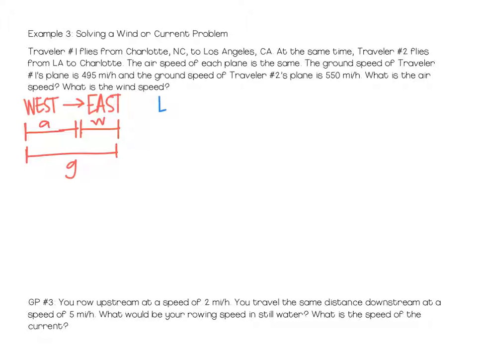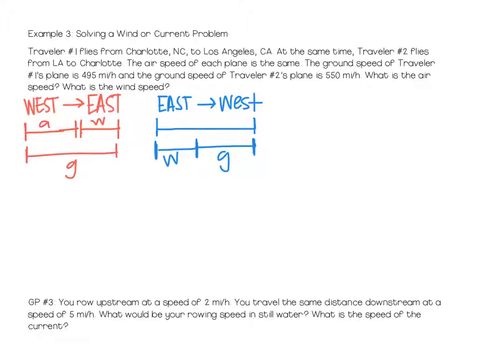But if you're flying east to west, so from like North Carolina to Los Angeles, you have a headwind, which means the wind's blowing directly at you and it slows you down. So you subtract your wind speed from your airspeed, and that'll give you your ground speed.